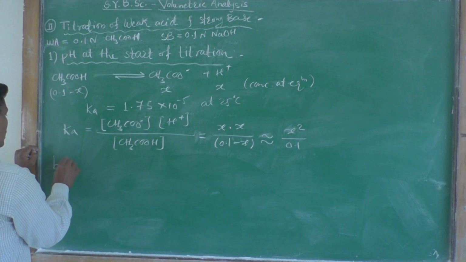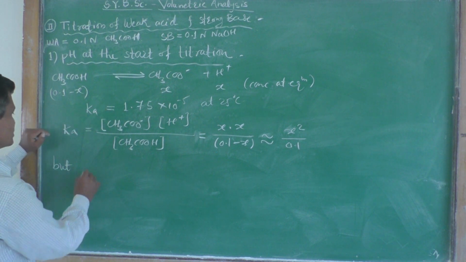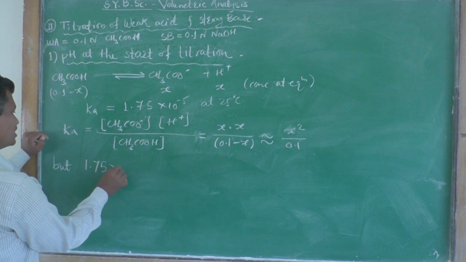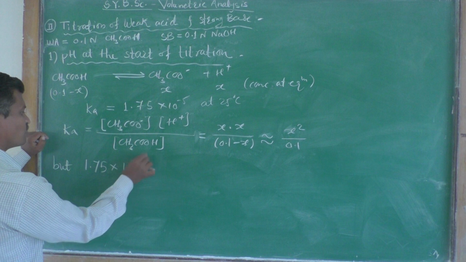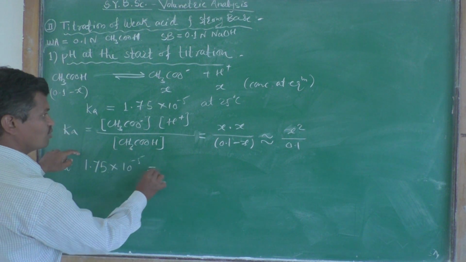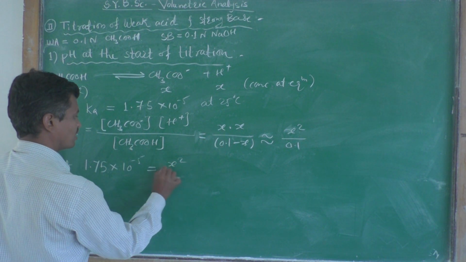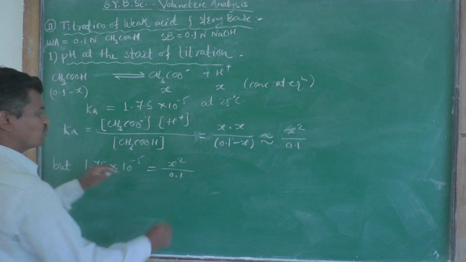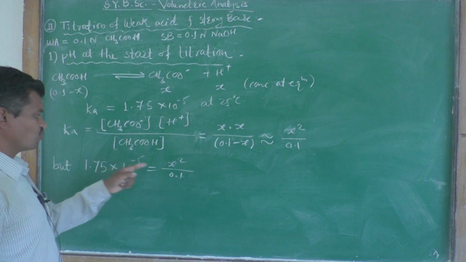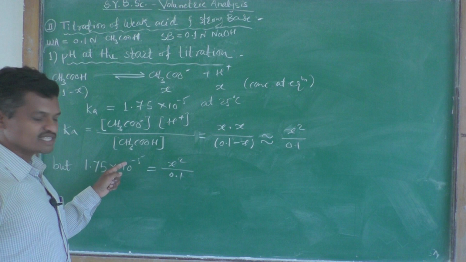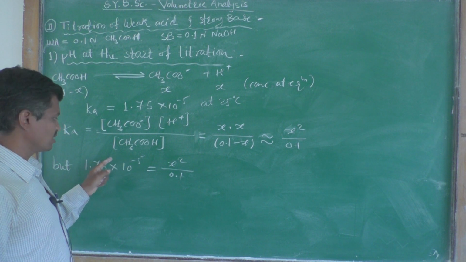Ka is 1.75 into 10 raised to minus 5, equal to X square divided by 0.1. The 0.1 is at the denominator, so when we take it to the left-hand side it becomes a numerator.